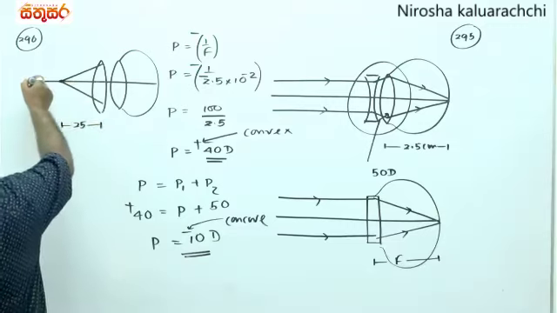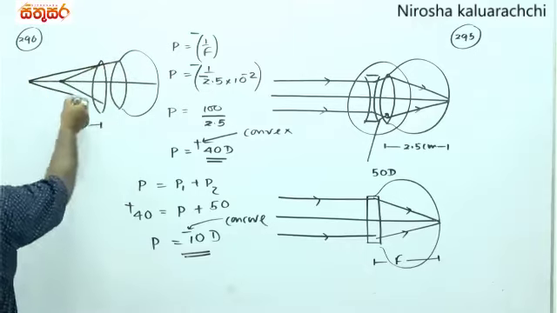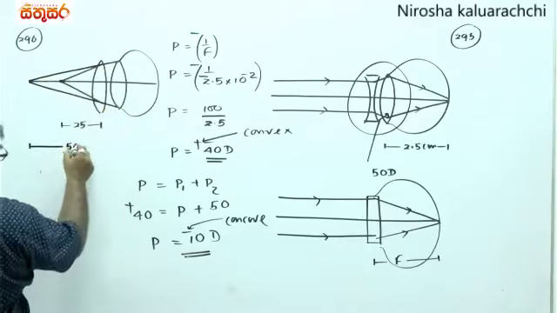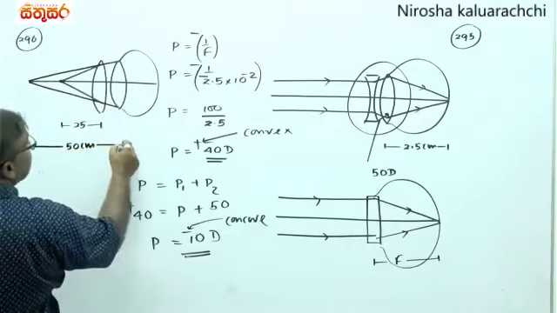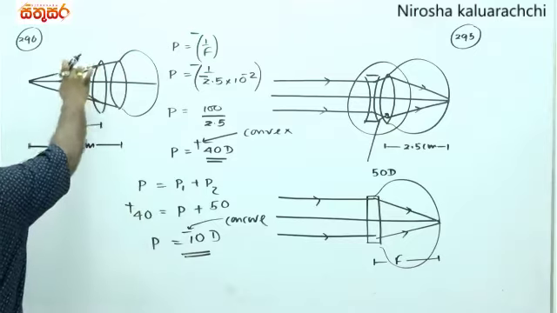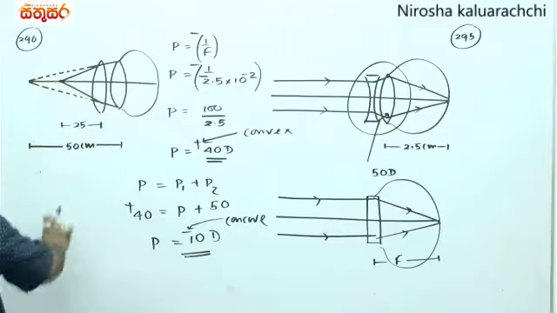Then forming the image at a point of distance exactly 50 centimeter from the eye lens, right? That's the point. From the eye lens, it could be 50 centimeter.